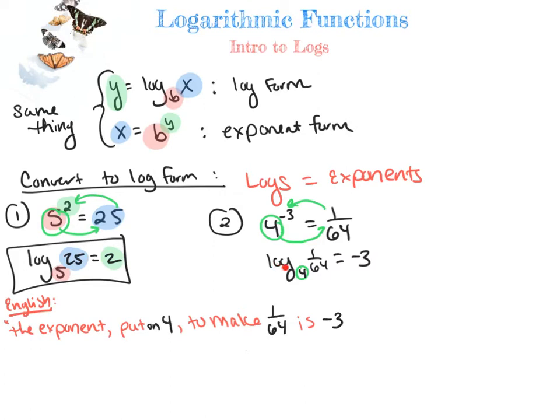The exponent we put on a 4 to make 1 over 64 is negative 3. Oh, right, because negative means 1 over. Okay, let's try a few more of these. Here would be the conversion.